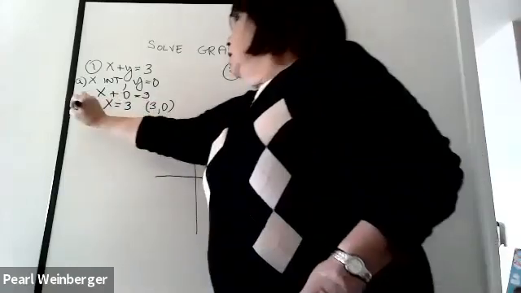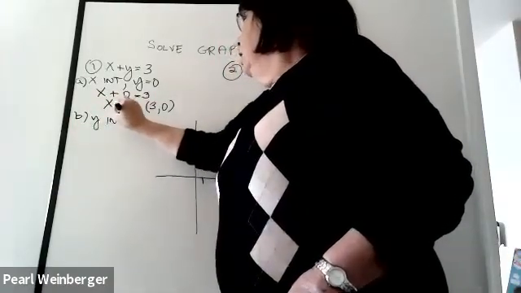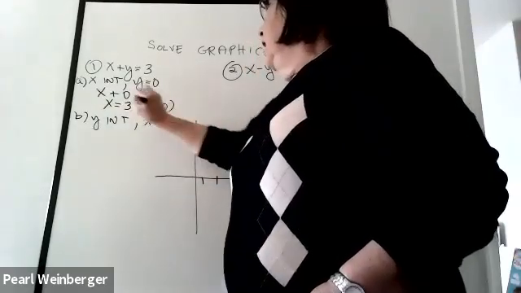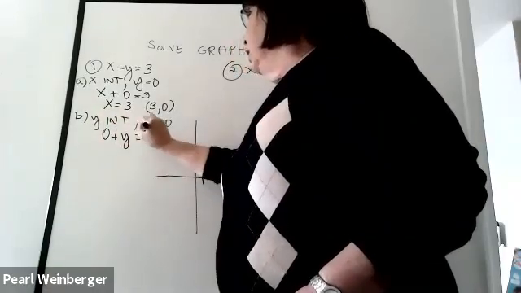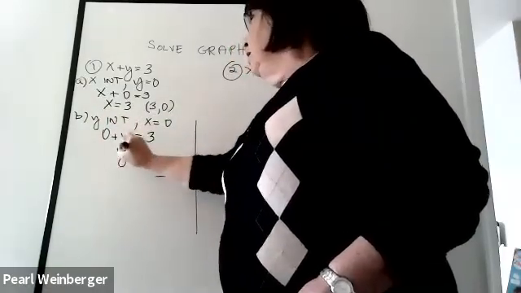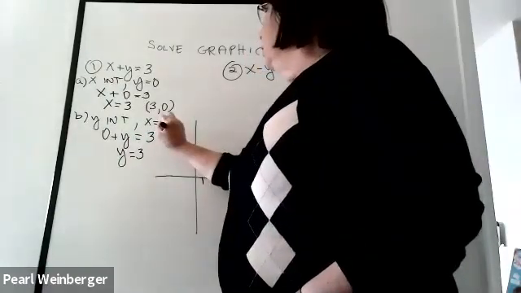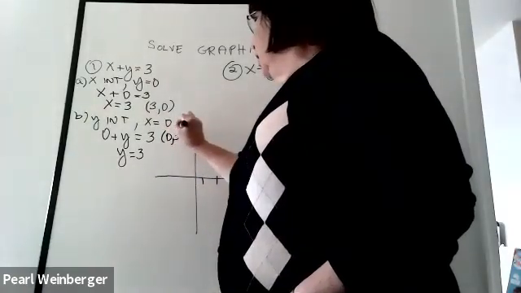To find the y-intercept, we'll let x equal 0. In that case, we'll get 0 plus y equals 3, which gives me y equals 3. In other words, the y-intercept is the point x 0, y 3.